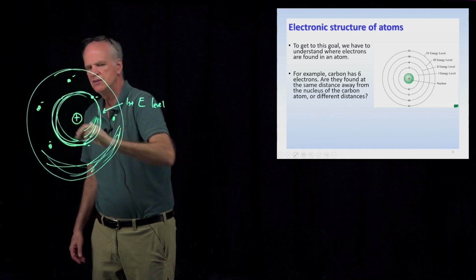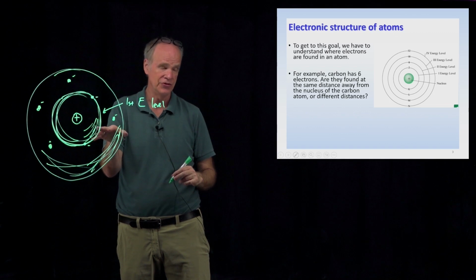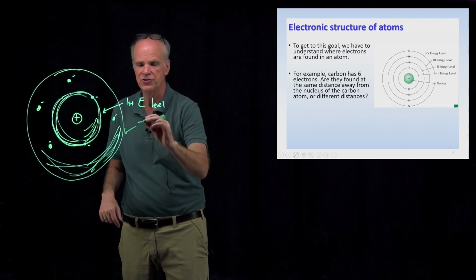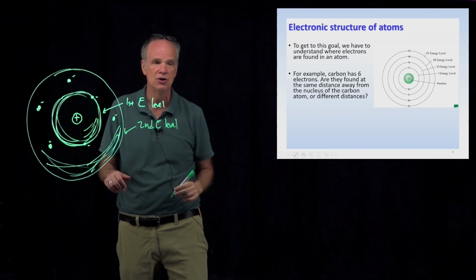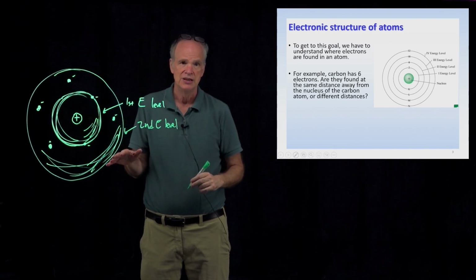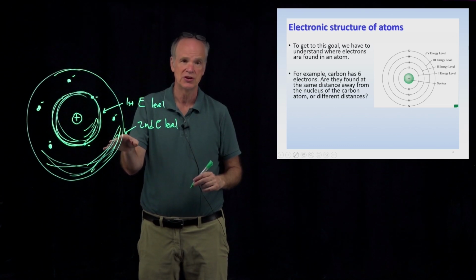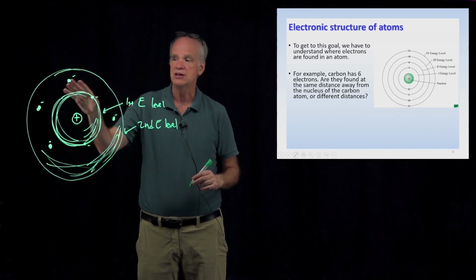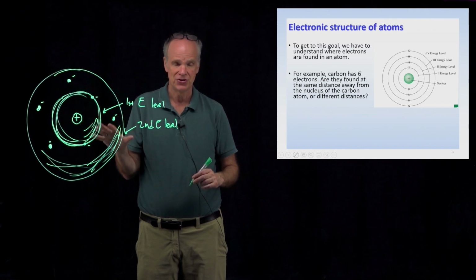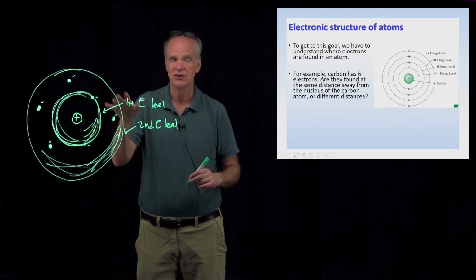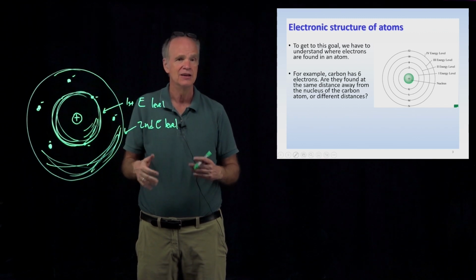Now here's the thing. We have 4 electrons here in this second energy level. Let me label this. This is the second energy level. But one of the things we know from experimentation is that the second energy level can have, in fact, a total of 8 electrons. So you can think of it this way: of the 8 slots that you can put electrons into, 4 are occupied and 4 are unoccupied.